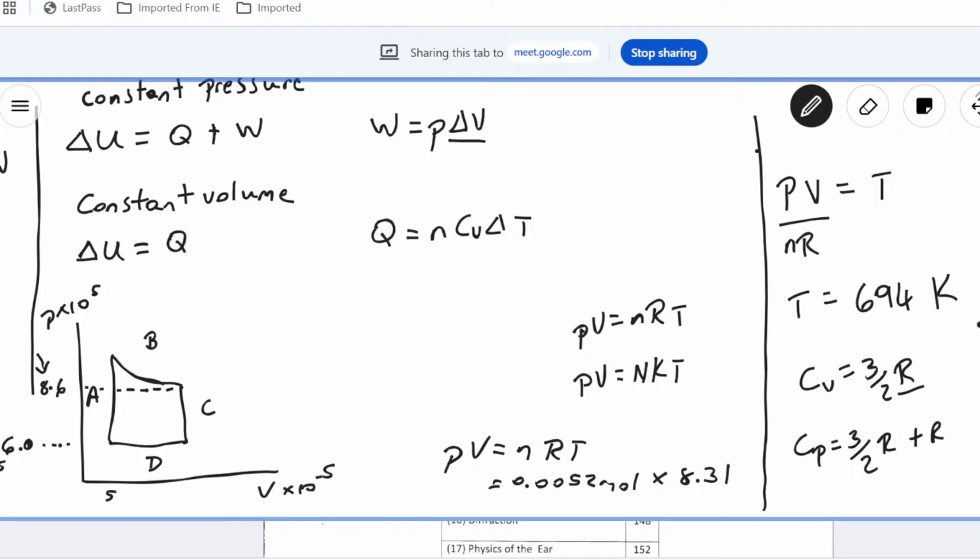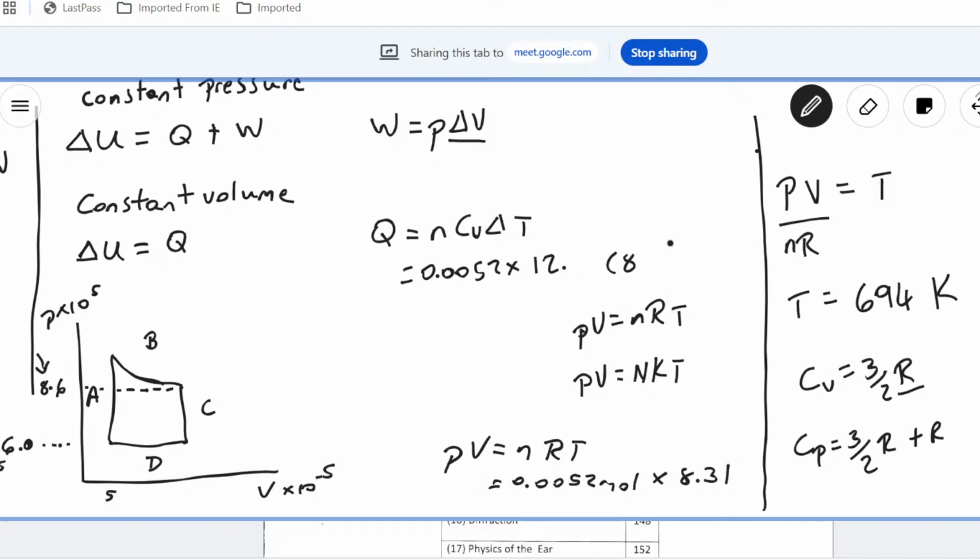So the Q that I have calculated, or the heat that I have calculated, is times 6.85.